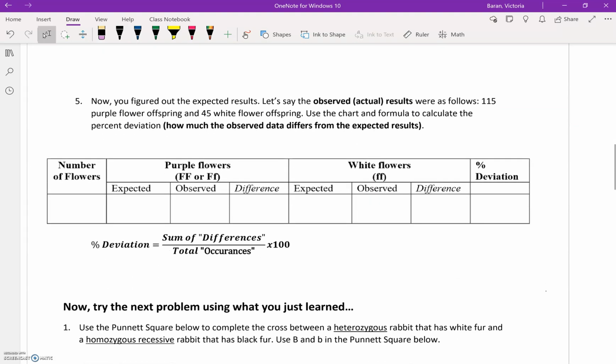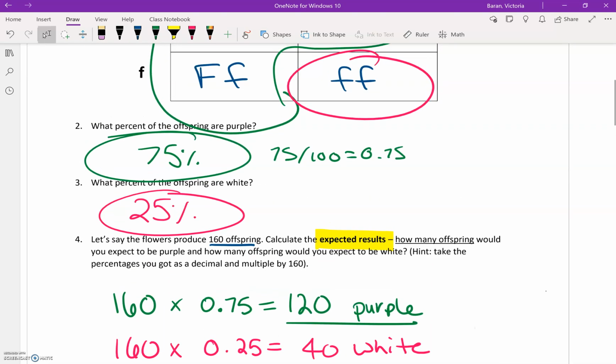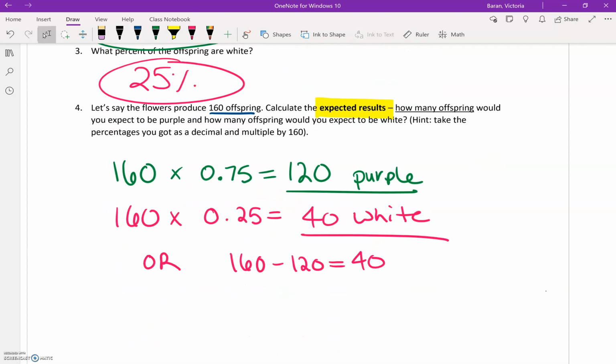Now we're going to go ahead and fill out the chart here, okay? All right, so I'm just going to start from left to right. We'll get to this in a second. So number of flowers, 160. And right now I can fill out the expected results, which is what I got up here from using my Punnett square.